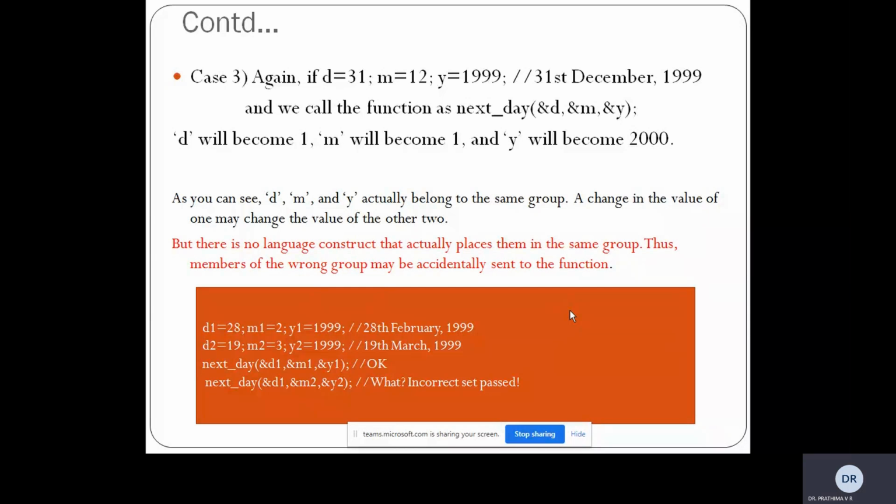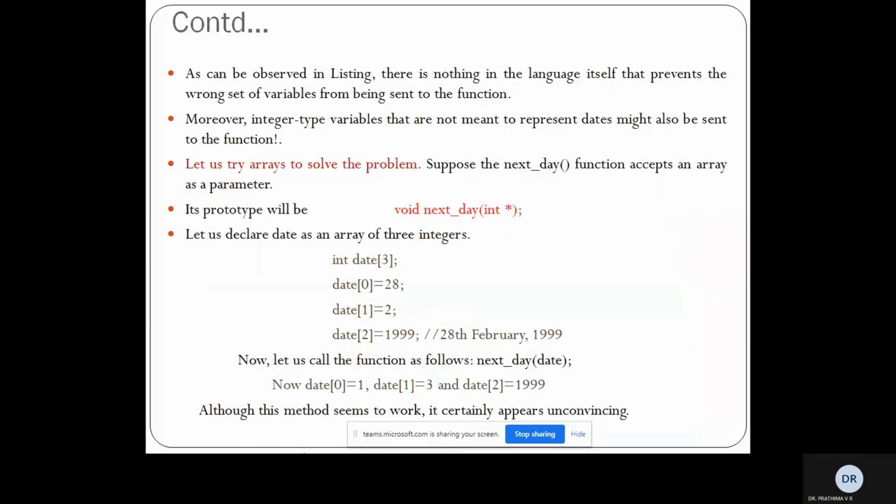So the second statement would need d1 to be replaced with d2 to make the syntax right. As we can observe from the above listing, there is nothing in the language itself which prevents the wrong set of variables from being sent to a function. However, the integer type variables which were declared in the example are only meant to represent dates, which might also be sent to the respective function.